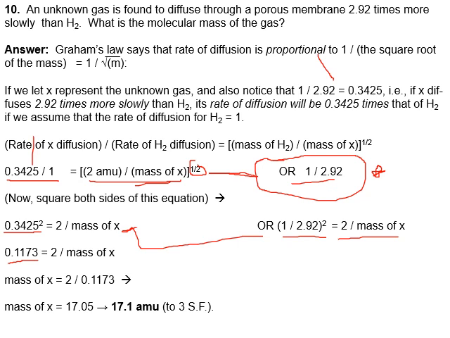Multiply both sides by the mass of x and divide both sides by 0.1173, and you get that the mass of x is roughly 17.05, which rounds to 17.1. Next slide.